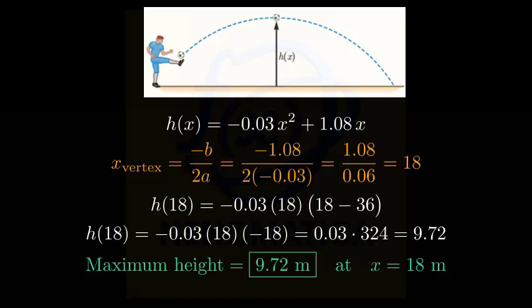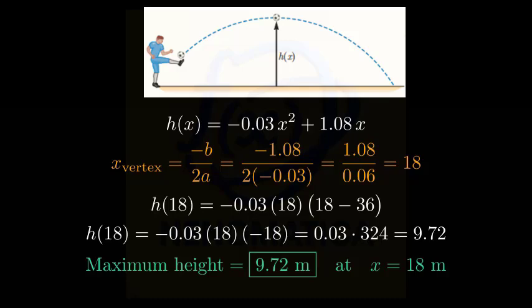Now, evaluate the height at x equals 18. H of 18 equals negative 0.03 times 18 times (18 minus 36). That becomes negative 0.03 times 18 times negative 18, which equals 9.72 meters. So, the maximum height is 9.72 meters at x equals 18 meters.